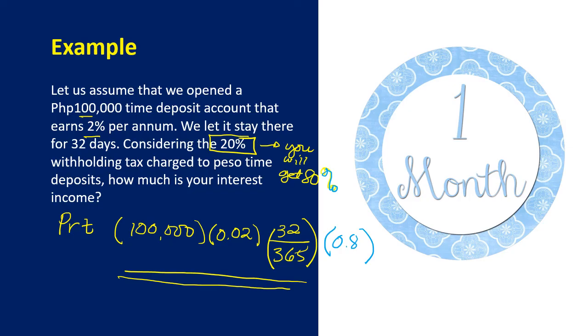So again, this is my PRT, and this is after withholding tax. Okay?